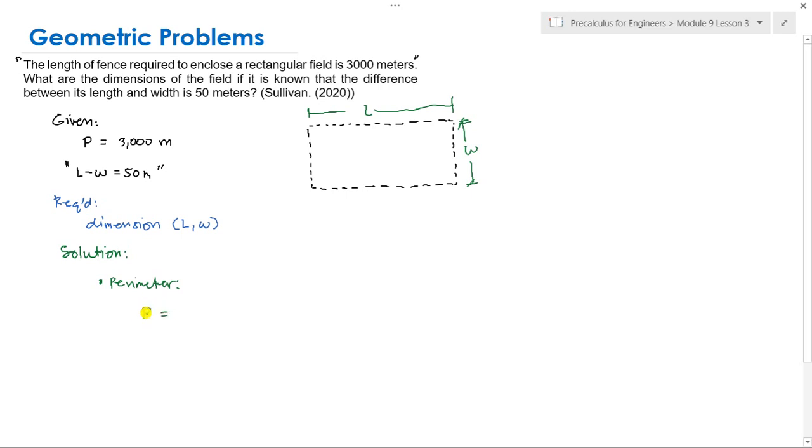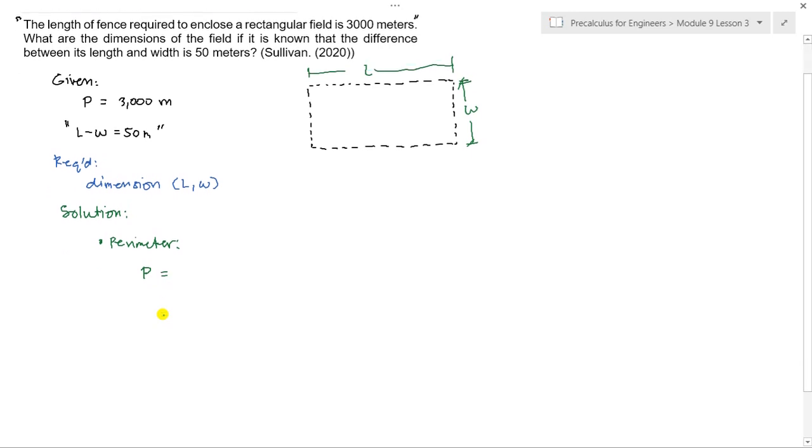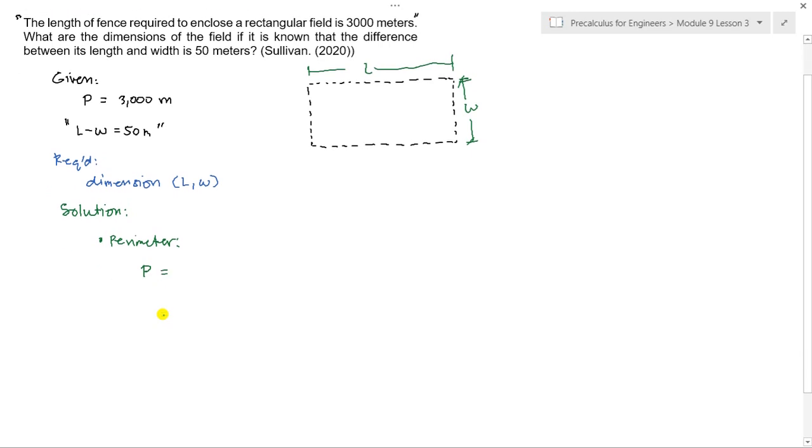Perimeter is equal to, sa to class? Okay, sakto. So, 2L plus 2W. Then, perimeter nato is 3,000 is equals to 2L plus 2W. Then, multiply both sides by 1/2 para ma-reduce nato ang coefficients. So, we have here 1,500 is equals to length plus width. So, this would be our equation 1.